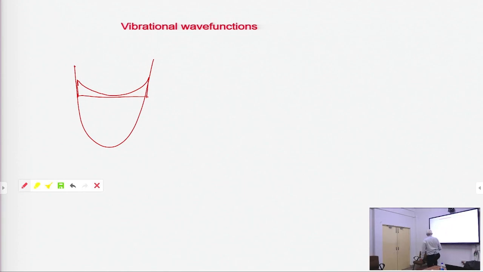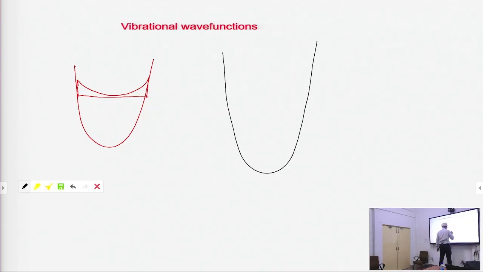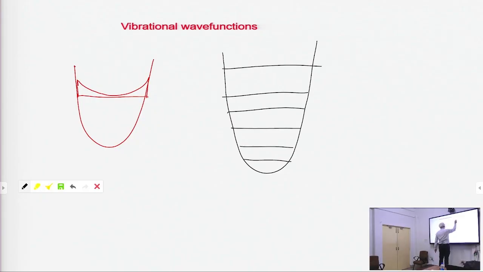A quantum harmonic oscillator. I'm not going to do all of these. So what do you think a quantum harmonic oscillator looks like at the top end, at the very high energies? Any suggestions? There's something called the correspondence principle. Does that mean anything to you?